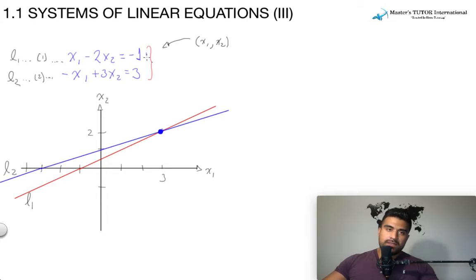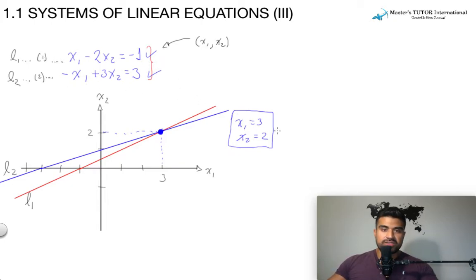This equation makes line 1, this equation makes line 2, and they intersect in just this point, where x1 is 3 and x2 is 2. This means that this point satisfies equation 1 and equation 2. In other words, this is the solution of this linear system.